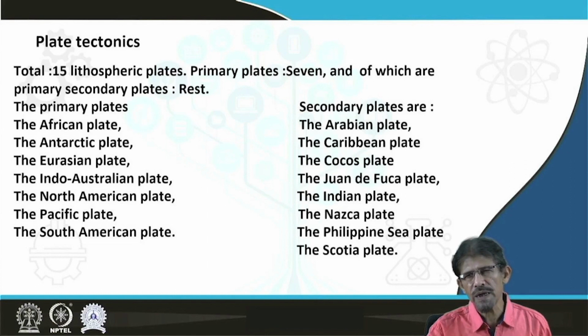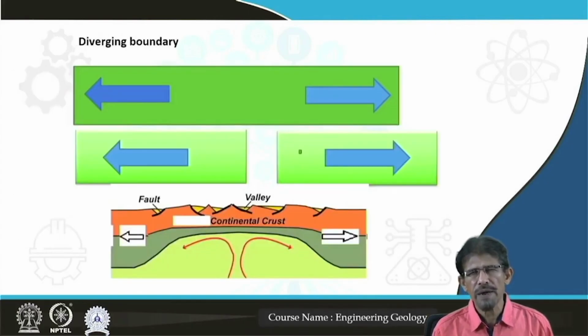Similarly, the secondary plates, which are smaller in nature, are like the Arabian plate, the Caribbean plate, the Cocos plate, and so on. These plates are responsible for three types of boundary: converging, diverging, and conservative.